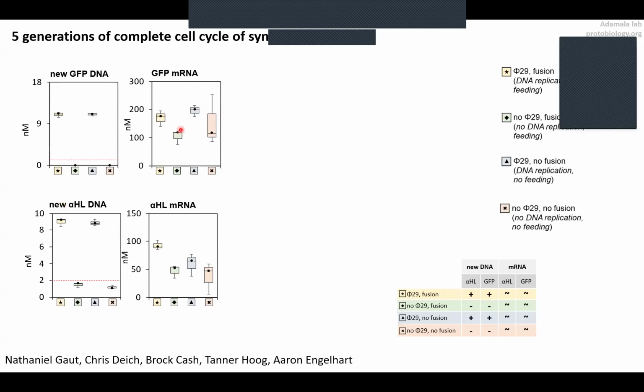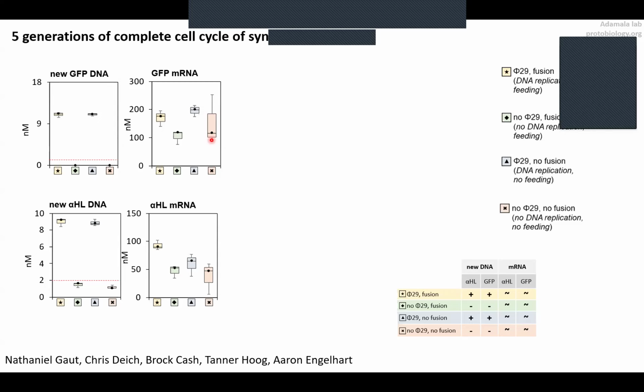So if I compare this one with that one, there will be significantly more mRNA here than here, and there isn't. It was driving me nuts for a few months when we first started doing those experiments because I thought something's wrong. Nothing's wrong. The system already has emergent properties, which is fantastic.